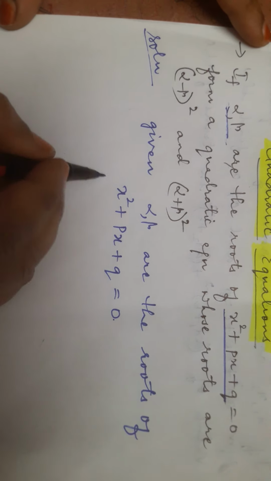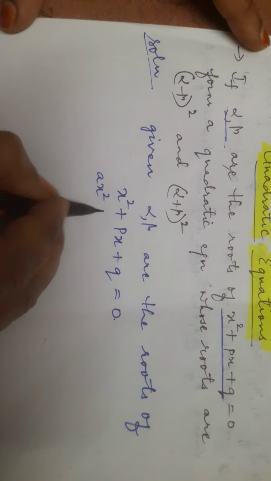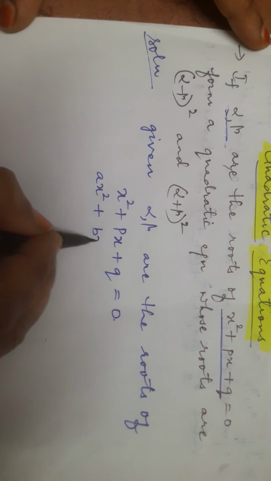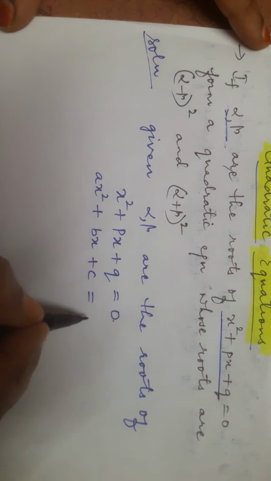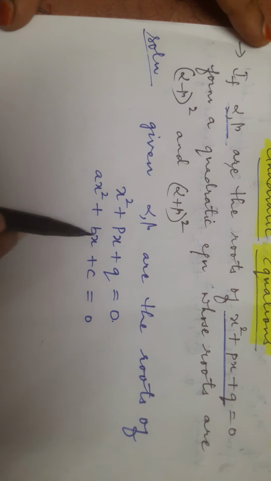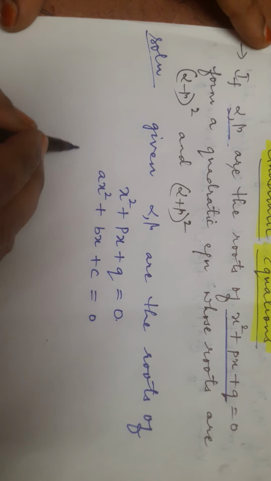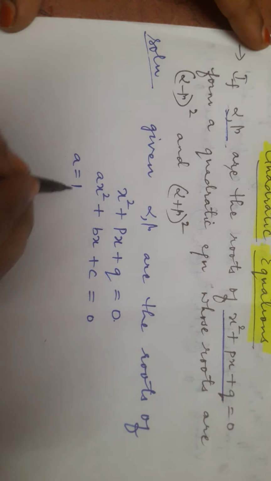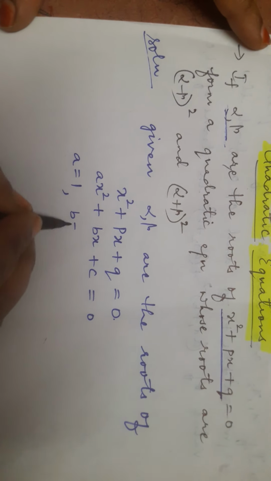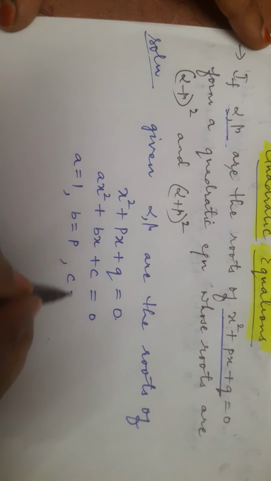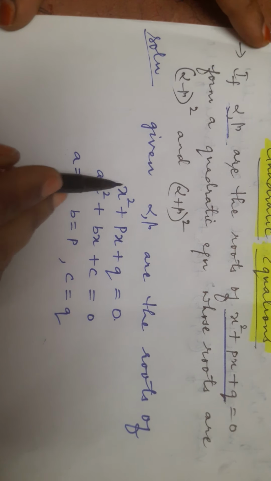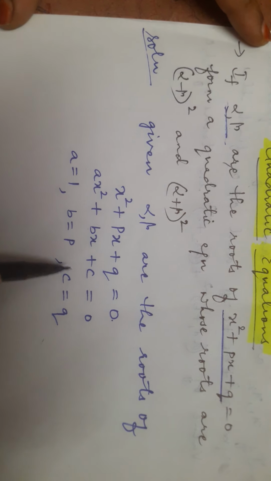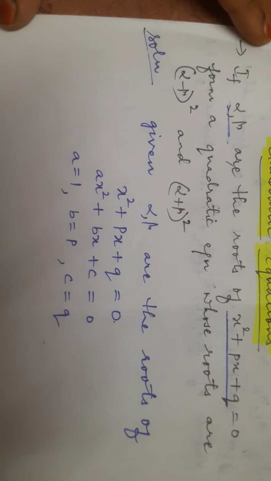Now this is similar to the quadratic equation in the standard form, that is ax square plus bx plus c equal to 0. So comparing these two equations, we get a equal to 1, b equal to p and c equal to q.